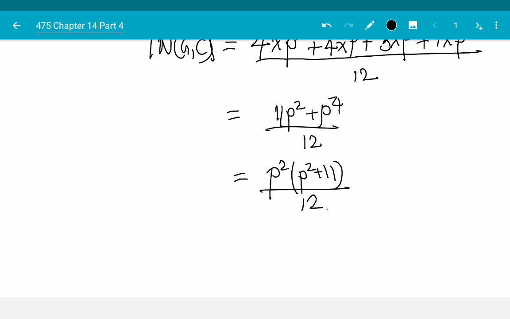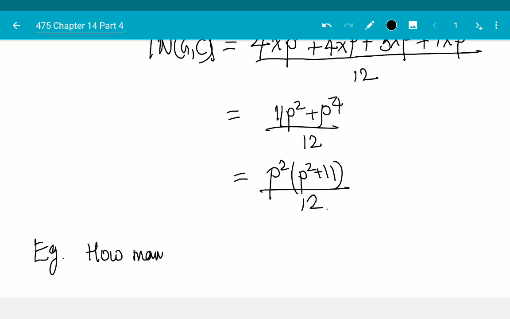Actually, should I do this problem? Okay, let me do this problem. This is an easy example, but just so you have some practice. We have seen this before.